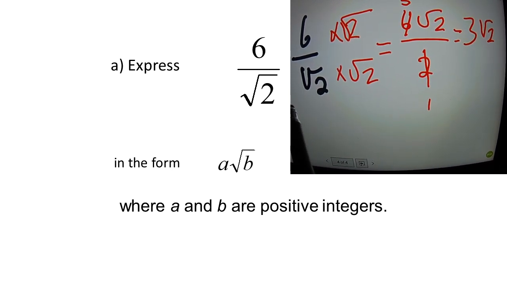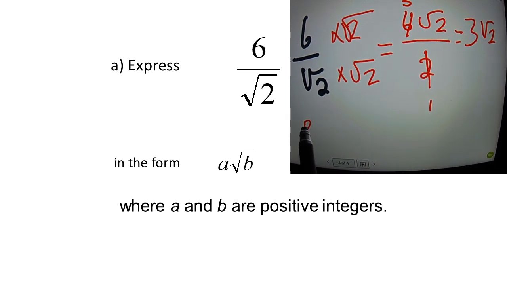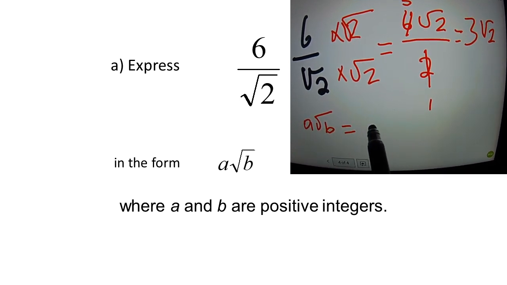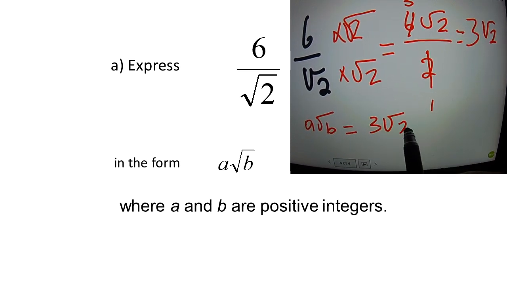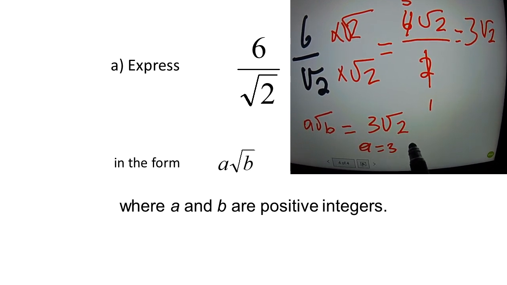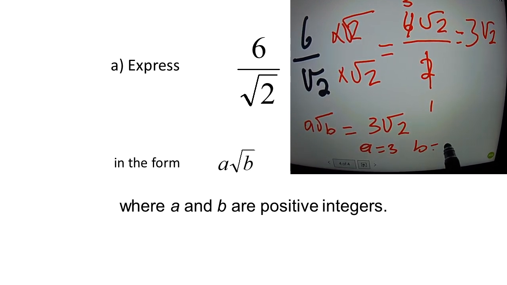So in the form a root b, we got 3√2. So a equals 3, b equals 2.